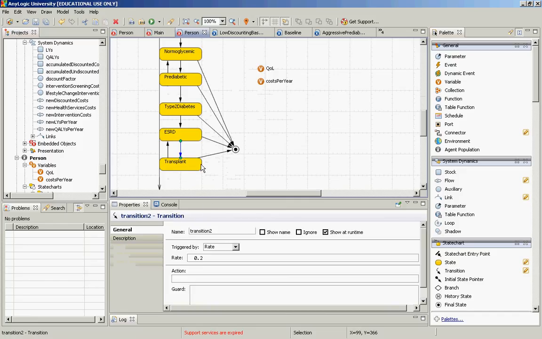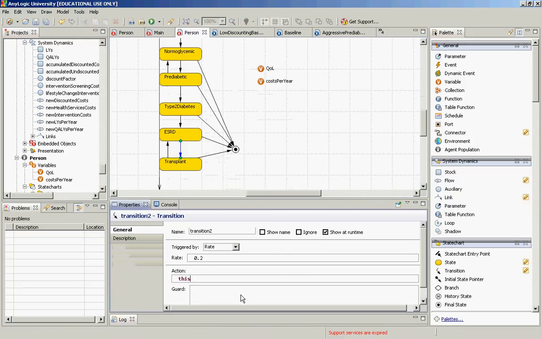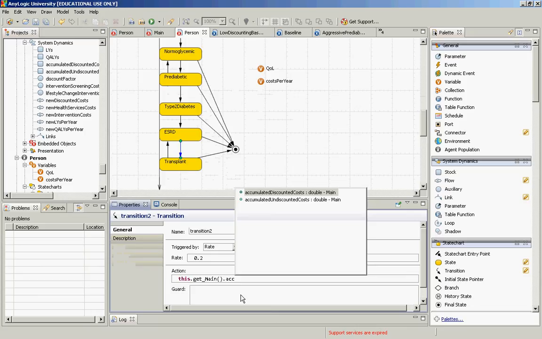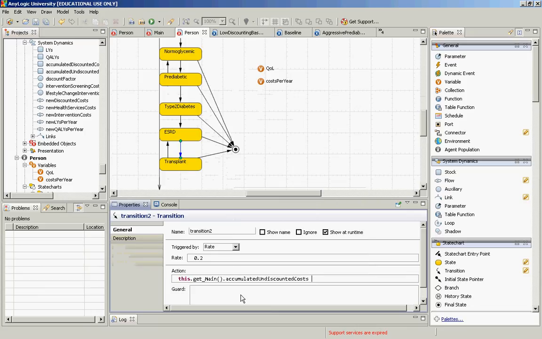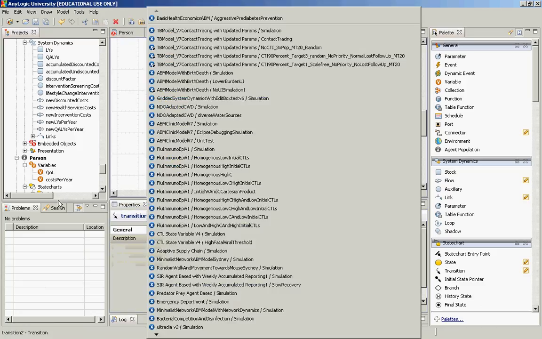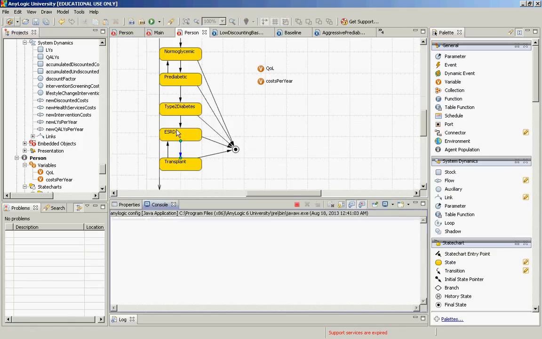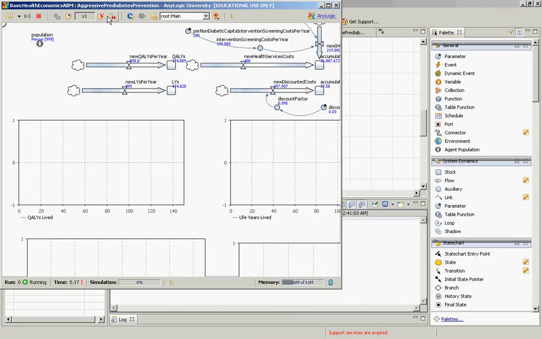Now we might hope, on the face of it, that we could simply add a value into the accumulated, say, undiscounted costs when this occurs, the cost of the transplant operation, say a full $75,000. It might not be an unreasonable thing to hope for, and we could try that.